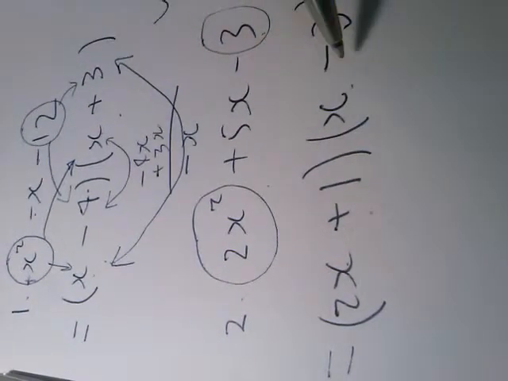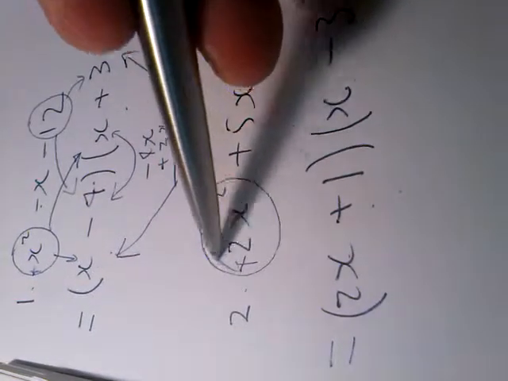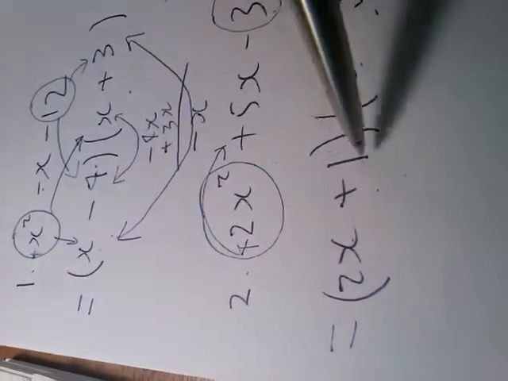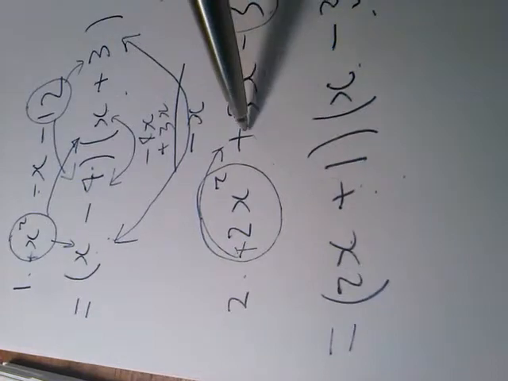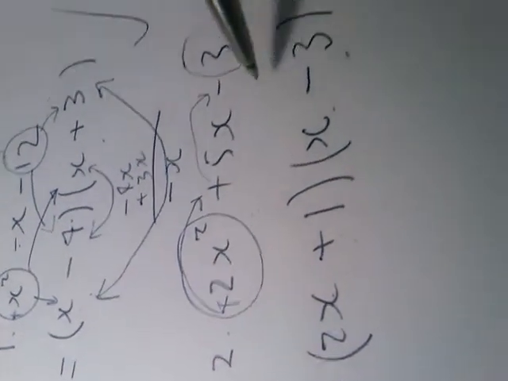Checking the middle signs, I multiply this invisible plus times this plus, gives me plus, and this plus times the minus here gives me a minus.